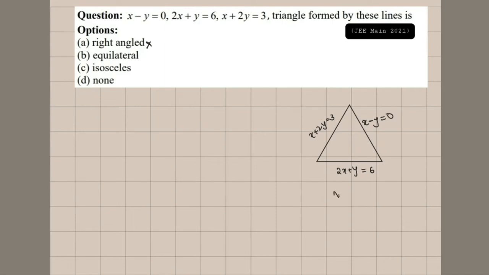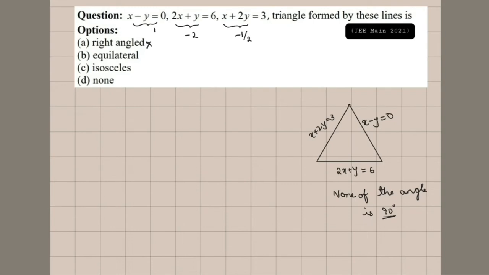None of the angles is 90 degrees. The slope is 1, the slope is -2, and this slope is -1 by 2. If you see, no product gives minus 1, so right angle is eliminated.